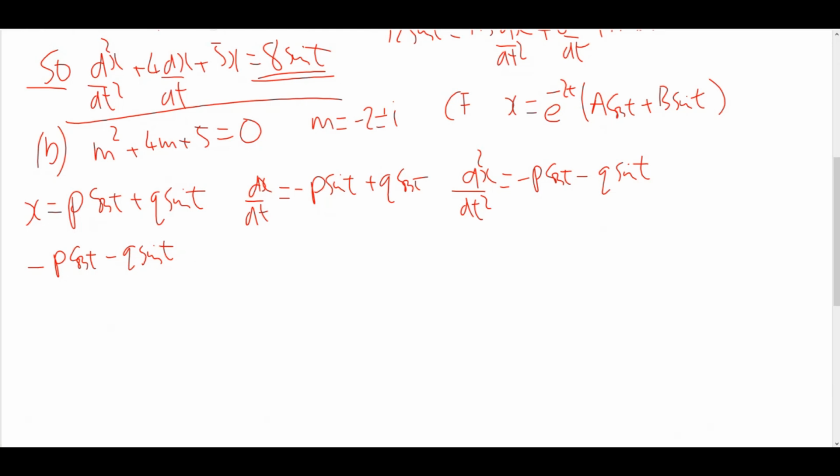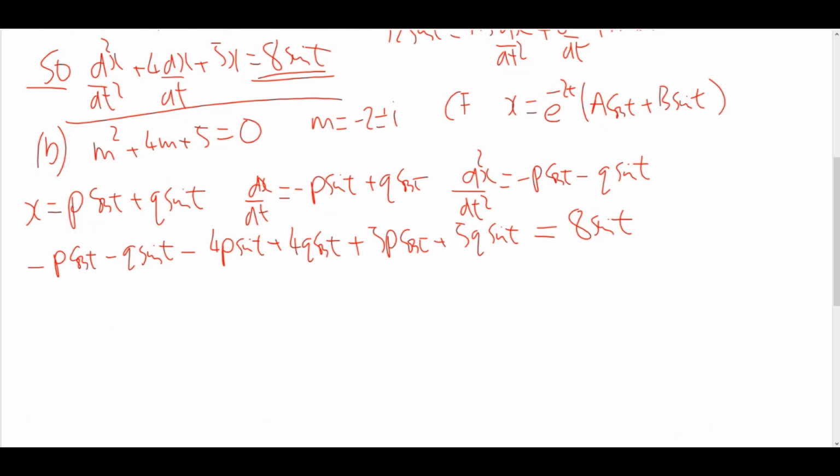Comes a minus, so minus 4P sin t plus 4Q cos t plus 5x is going to give me 5P cos t plus 5Q sin t, and that should be equal to 8 sin t.